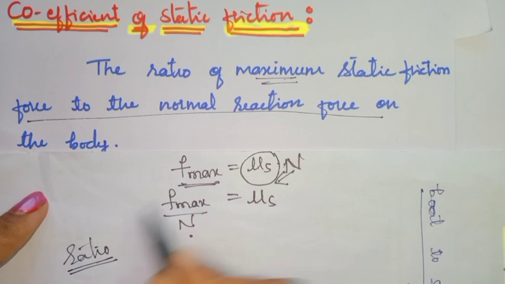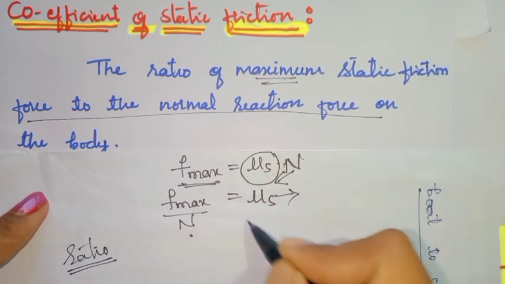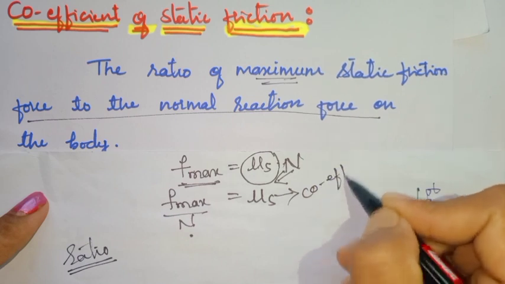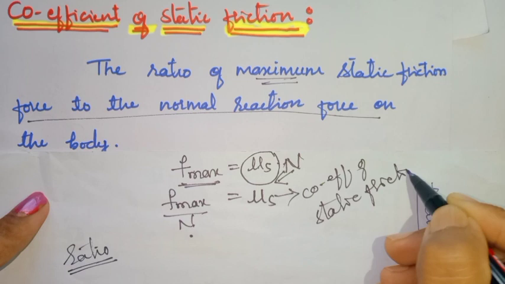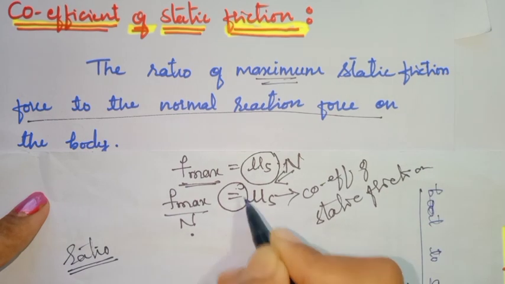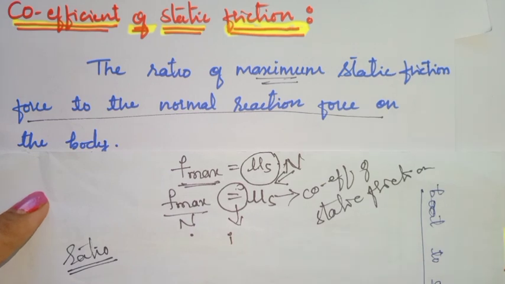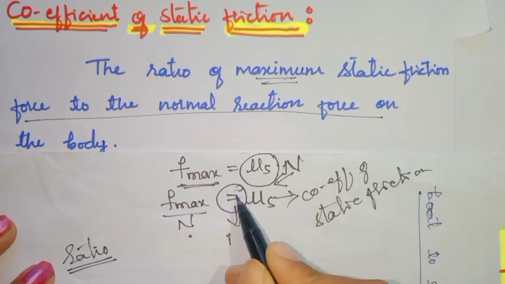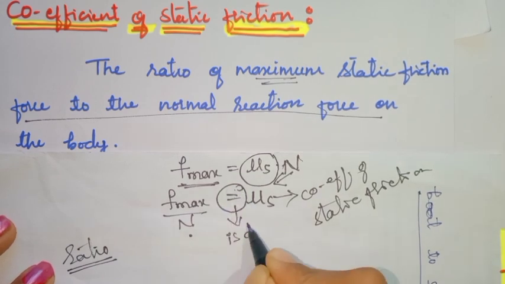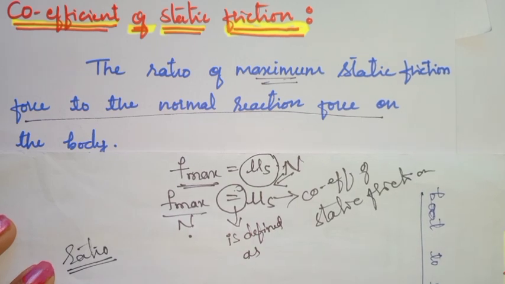Now you can define it easily. Mu S is the coefficient of static friction, and consider the equal sign as 'is defined as'.